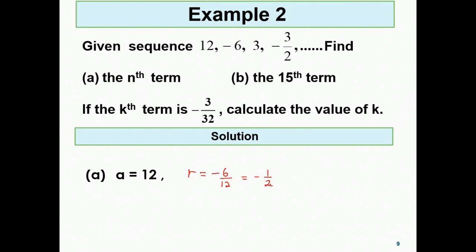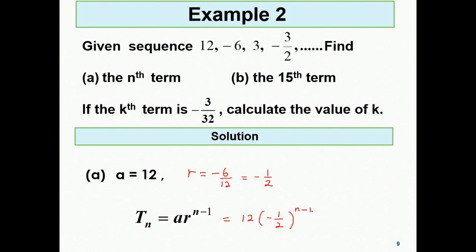Then substitute the values A and R into our formula, and the Tn formula is 12 times -1/2 to the power of n minus 1.